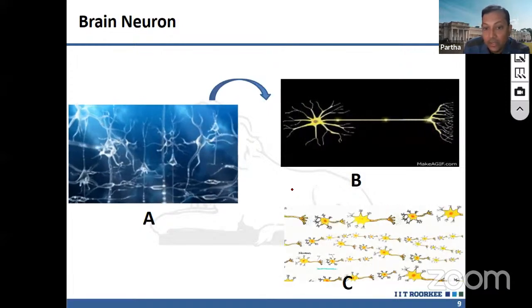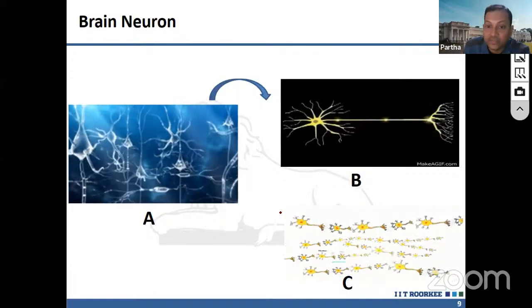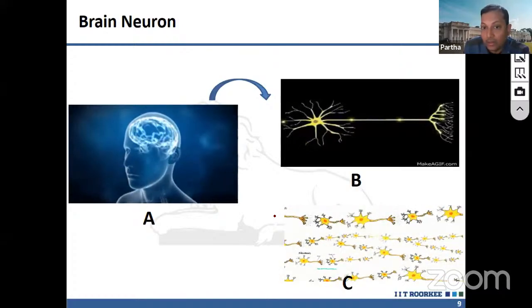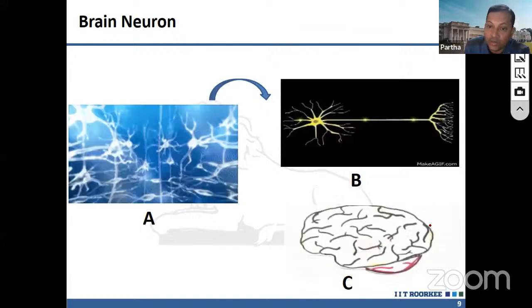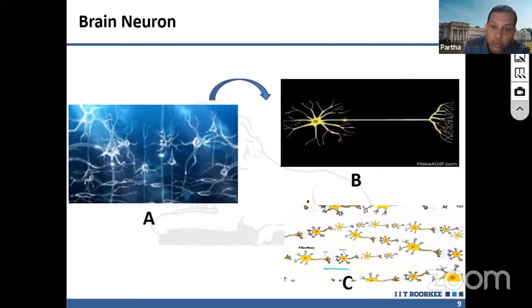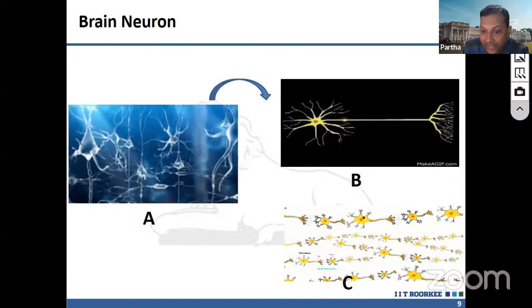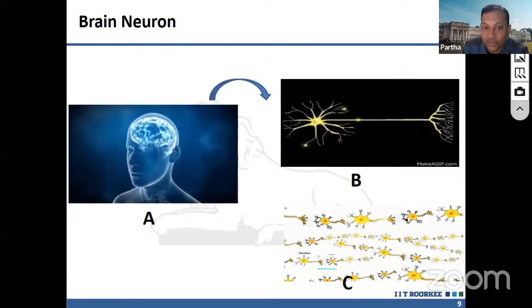Similarly, we are developing this neural network according to similar principles, where we have several neurons connected one after another. One neuron processes some information and provides it to the next neuron, which processes something and provides it to the next.